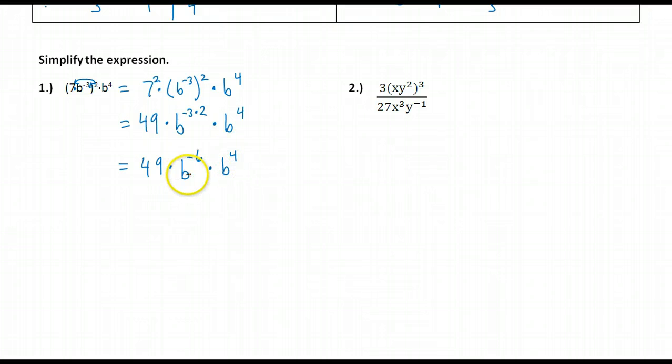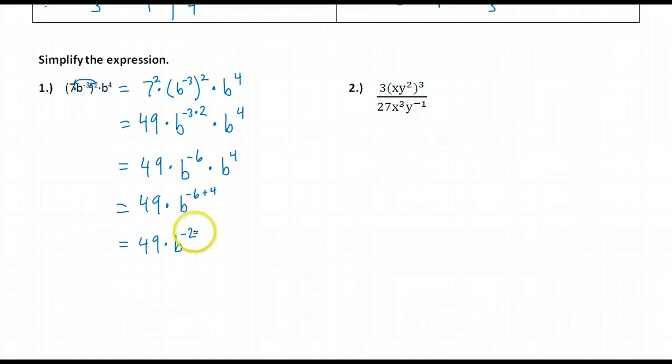Well, now I have two bases being multiplied together, and I can use the product of powers rule. The product of powers rule says keep my base the same, but add my exponents. So I have 49 times b to the negative 2 power.